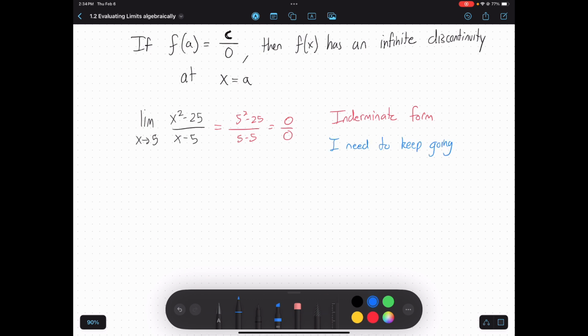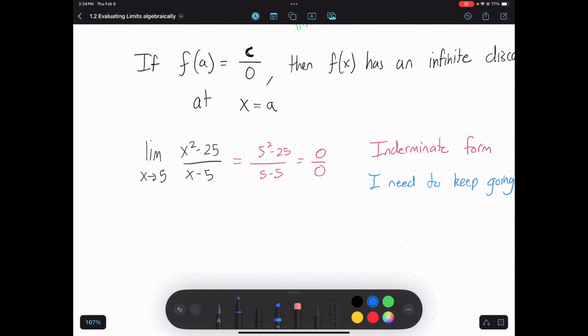So from here, we have lots of different algebraic tools that we can use to try and simplify this expression. Take a look at x squared minus 25. Any ideas of how I can simplify this? Well, it turns out the numerator is factorable.